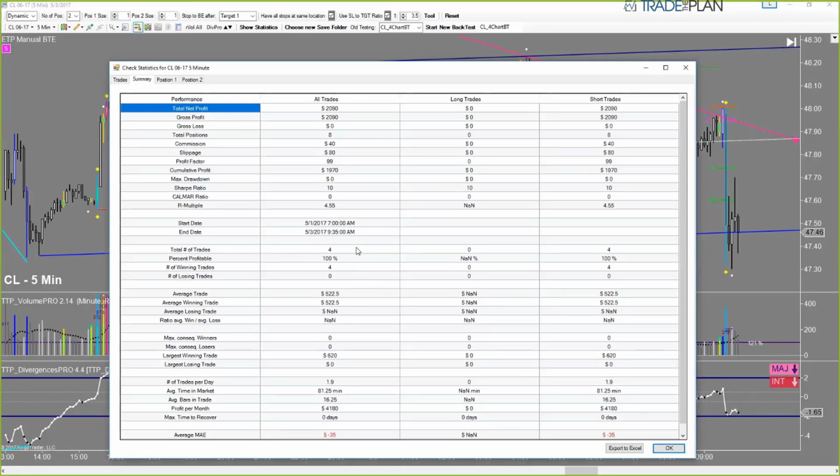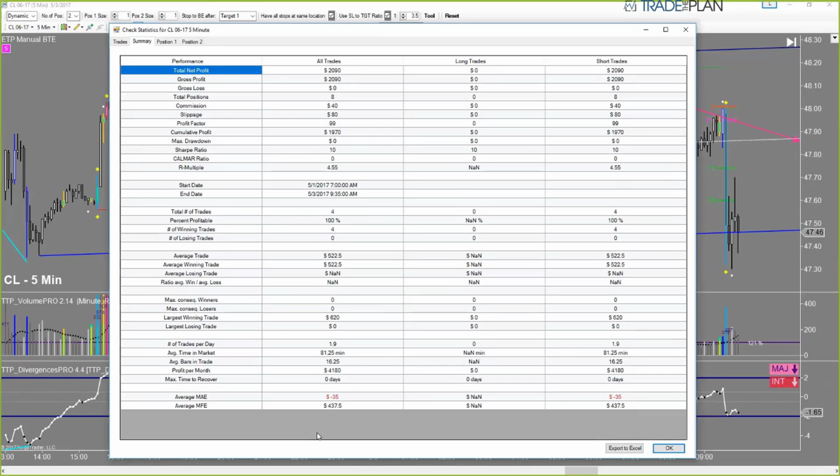You know how Ninja logs each contract as a separate trade, and then it doesn't do any of these numbers correctly after that, because it's treating each contract as its own individual trade when that's not how you're trading. So this does it correctly. And obviously it has all the important metrics.